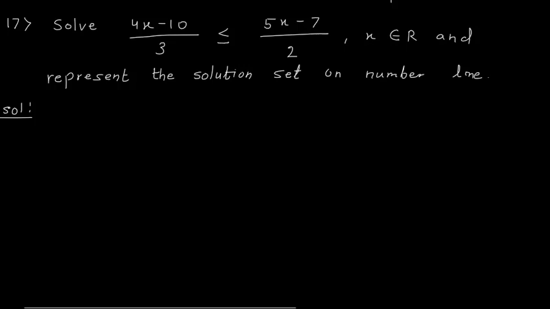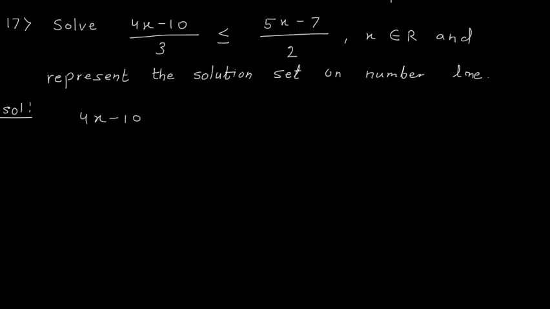Now the 17th question is: solve (4x minus 10) upon 3 less than or equal to (5x minus 7) upon 2, x belongs to real numbers, and we have to represent the solution set on the number line. Let us write the question.